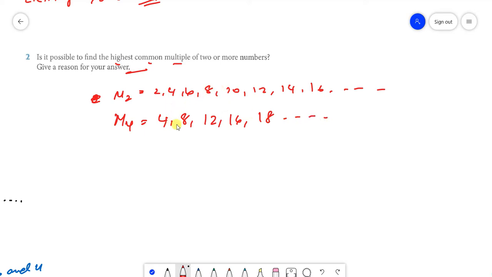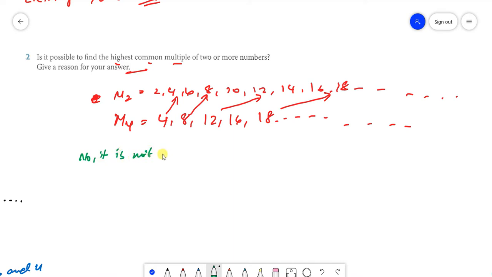As you can see, 4 is common, 8 is common, 12 is common, and if I go further, 18 is common. For the highest, it's not possible to find it because it continues on and you will keep getting matching numbers. So hence our answer is no, it is not possible.